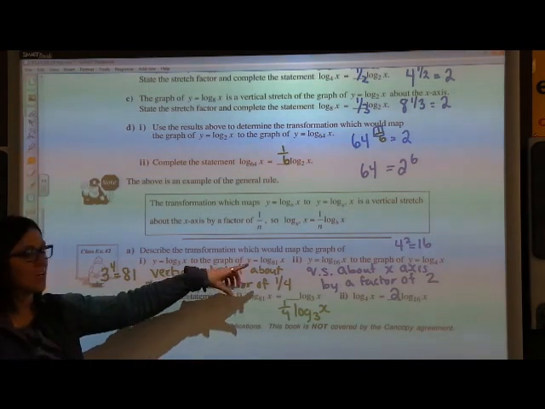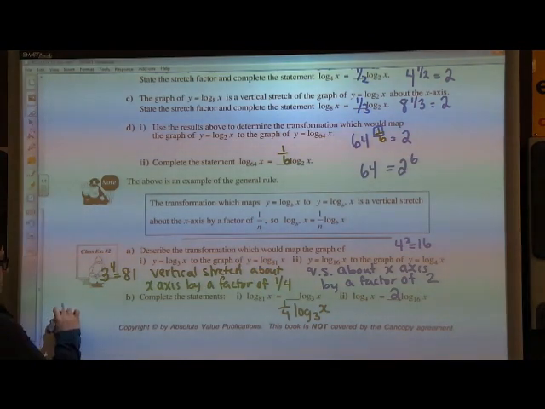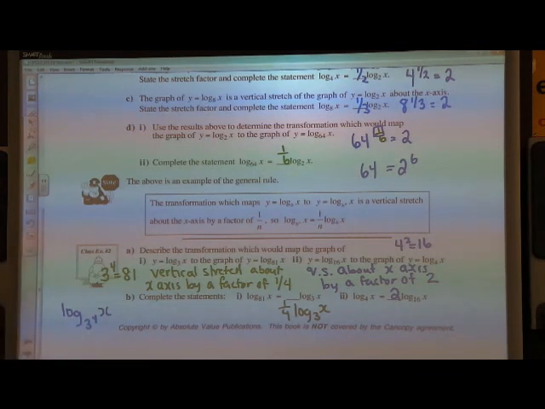The other way that I can look at it too is I can take this log base 81 and write it as 3 to the power of 4 of x. And then that 4, when I bring it out in front, becomes 1/4 log base 3 of x.